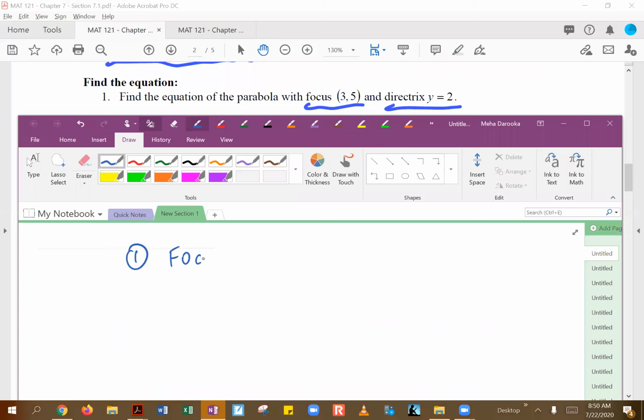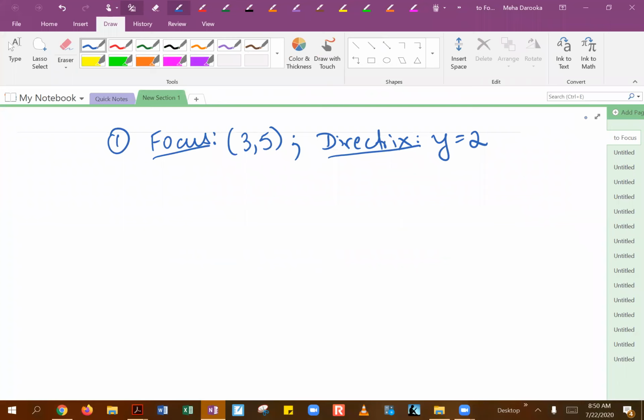We are given the focus is the ordered pair 3, 5, and the directrix. Remember again, the directrix is a line, so you're always going to be given an equation. So we have our focus, we have our directrix. If you just try to graph this, and you can do just a rough graph, it will tell us, depending on the position of the focus and directrix, if our parabola is going to be opening up or down.